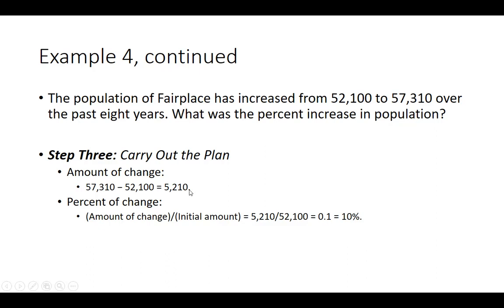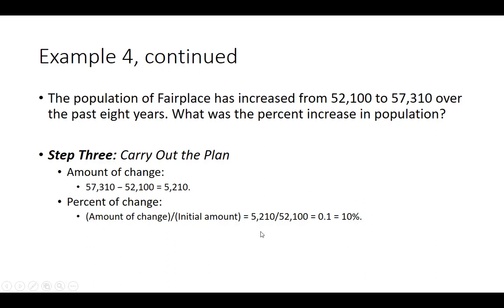We found the change, 5210, is what percent, 5210 equals X, of the initial amount times 52,100. 5,210 equals X times 52,100. We would divide both sides by 52,100, giving us this same ratio.